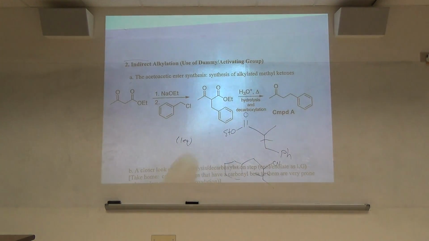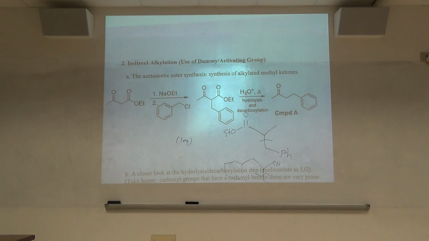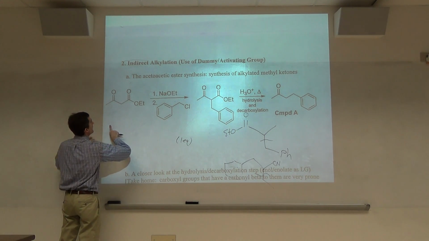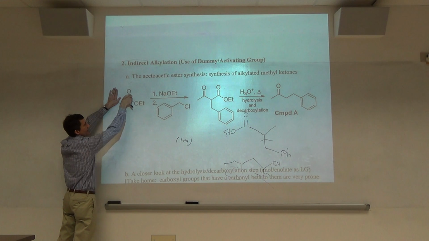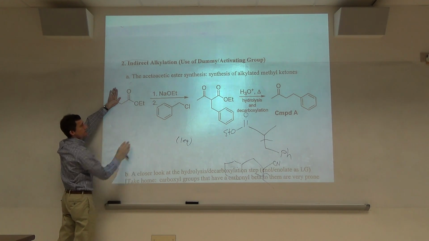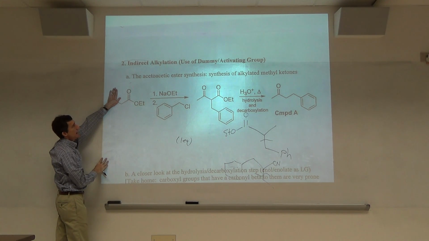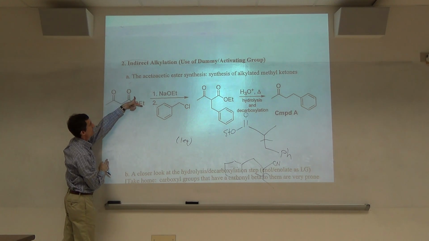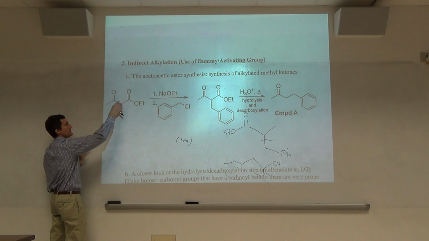And here's the sort of the overview. Acetoacetic ester. What is that? Well, this is an example. That right there is acetic acid. That's the ester of acetic acid, and it has an aceto group over there. Acetoacetic ester. Okay? That's kind of a big name for this.